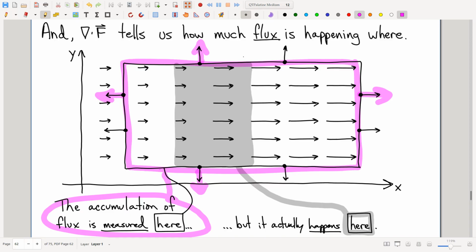Well, if I were to look at a little region like this, what's the outward oriented boundary flux on this orange square? I'd say it's going to be 0. There's the same amount of inward flux as there is outward flux. So in the net, we have a negative outward flux on the left because it's inward.